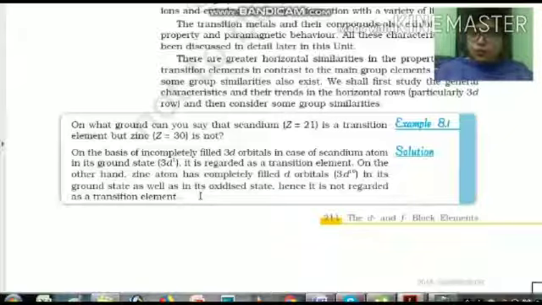If I talk about Zn2+, two electrons get removed from the 4s orbital, and when I do the electronic configuration of zinc in the 2+ oxidation state, it also has a fully filled d orbital, that is 3d10. Okay, it has a fully filled d orbital in the ground state as well as in its oxidized state. Hence it is not regarded as a transition element.